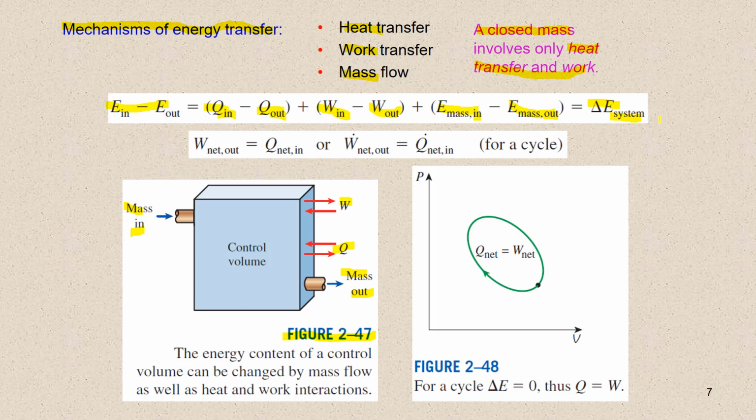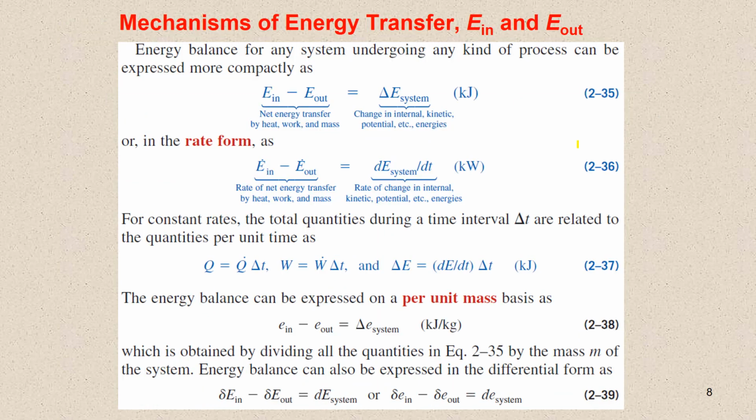The work transfer W is 0 for systems that involve no work interactions. The energy transport with mass E is 0 for systems that involve no mass flow across their boundaries, that is, in closed systems.